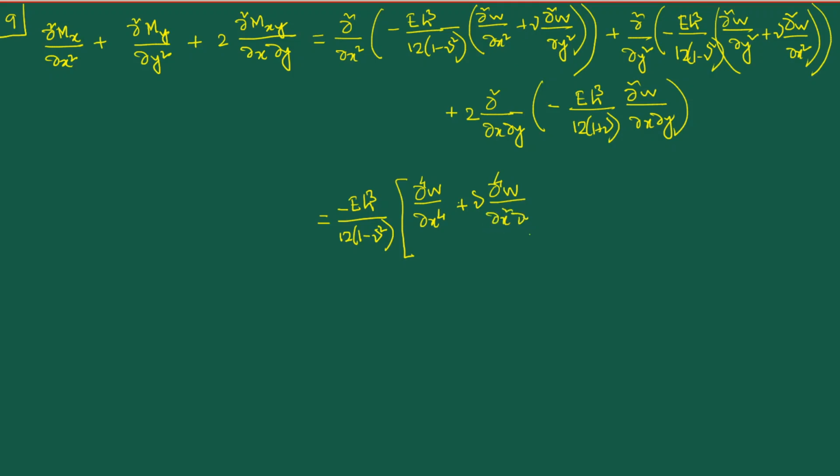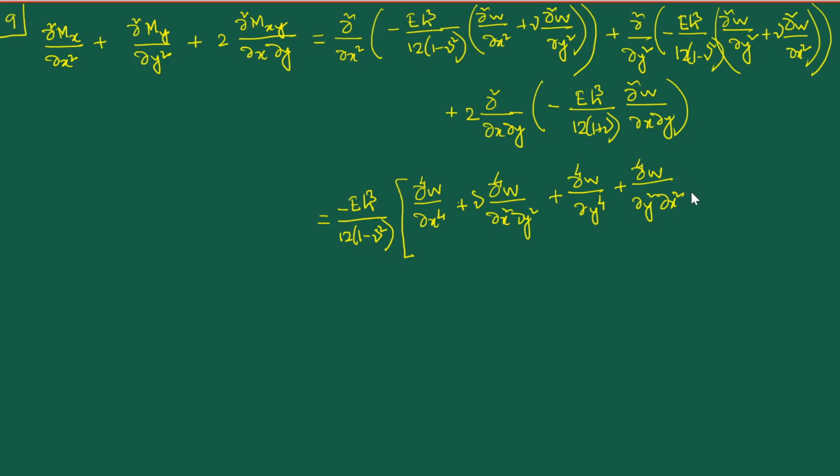All right, I'm done with that. Next, for this, I have del 4 W del y 4 plus del 4 W del y square del x square.